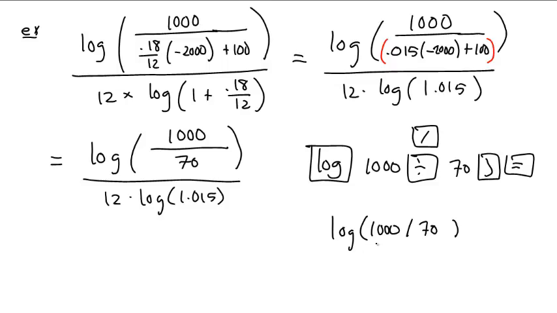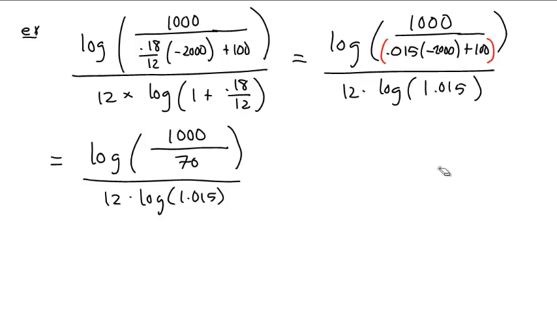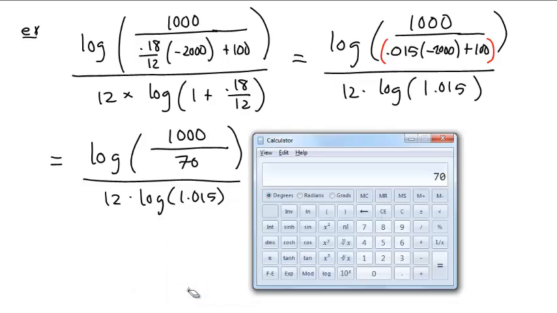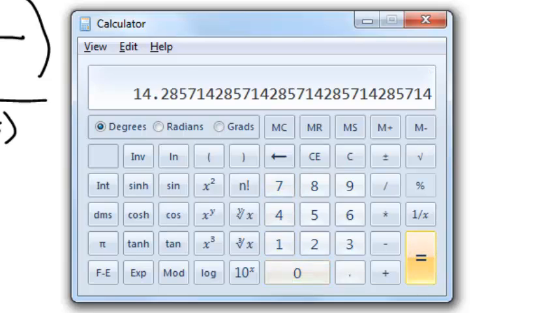On my calculator, I do the functions later, so I'm going to do 1,000 divided by 70, and then equals, and I'll get that answer, and then I hit the log button, and it's going to tell me the answer. I will show you. I do 1,000 divided by 70 equals, that's the number that I want to take the log of.